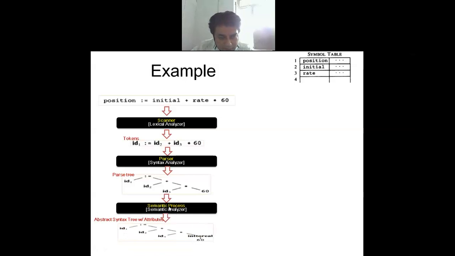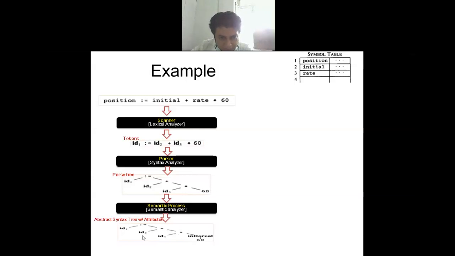After that, the output of the syntax analyzer acts as the input to the semantic analyzer. And in the semantic analyzer, you can see there is a slight difference between the syntax analyzer and the semantic analyzer. You can see 60 is there, which is basically a number.